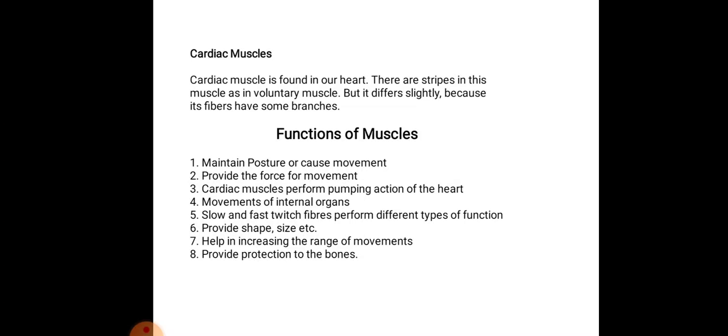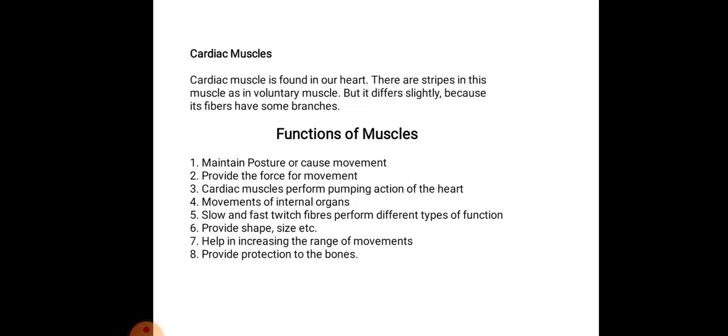For example, there are two types of skeletal muscle fiber. Slow twitch fiber and fast twitch fiber perform different types of functions. Slow twitch fiber contracts at a slow rate. These fibers play a vital role in endurance activity or aerobic activities such as cross country race and long distance race. The fast twitch fiber contracts at a fast rate.